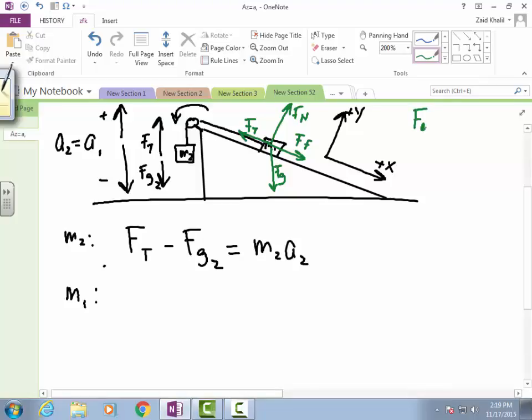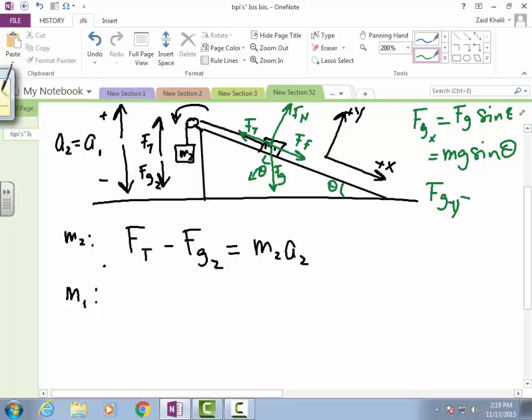And you can see Fgx is going to be Fg sine theta, which equals mg sine theta. And likewise, Fgy equals Fg cos theta.